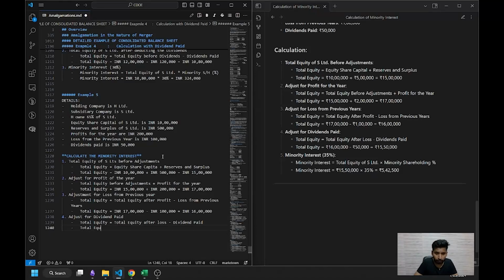Then the total equity will be INR 16 lakhs minus INR 50,000, that is equal to INR 16 lakh 50,000.